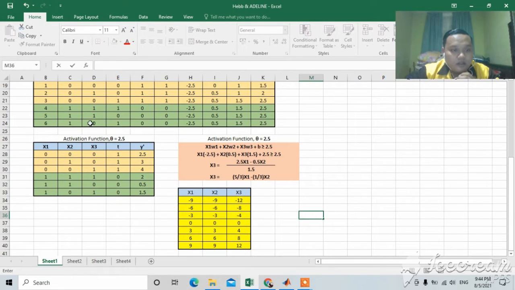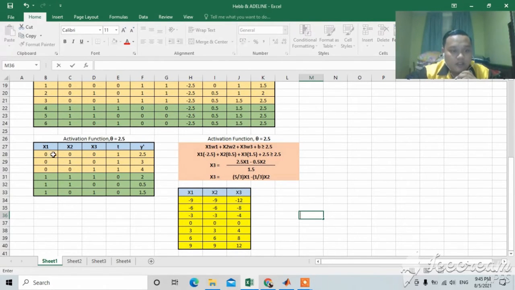For the activation function, the theta is 2.5, because after we calculate the y new, to activate the minimum, the function is 2.5, right here. The calculation is negative 2.5, which is weight 1, plus weight 2 plus weight 3 plus bias, compared to the 2.5 activation function.